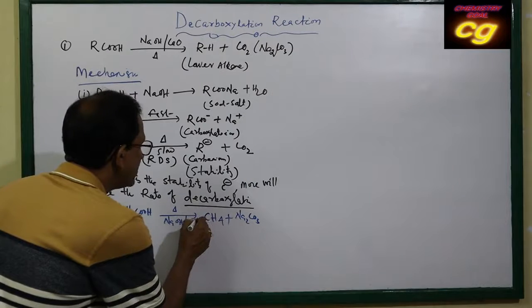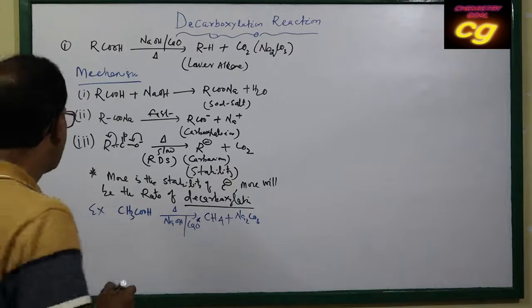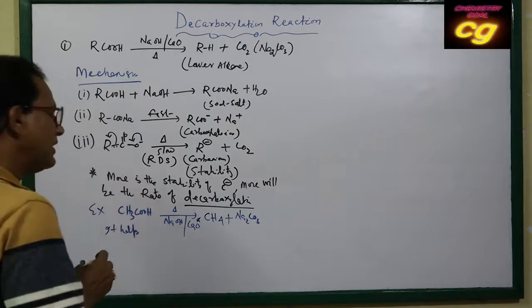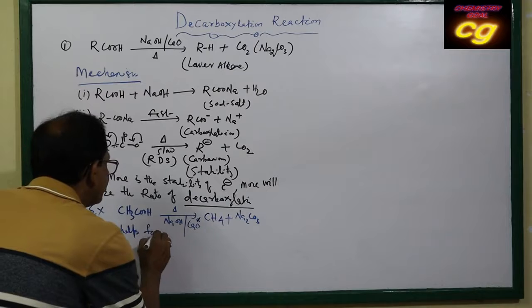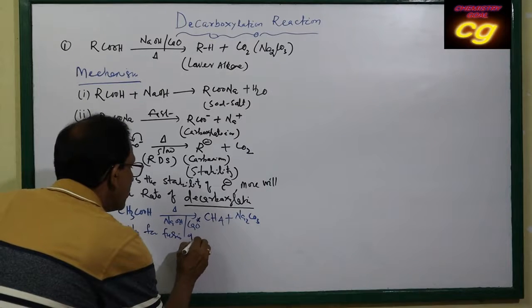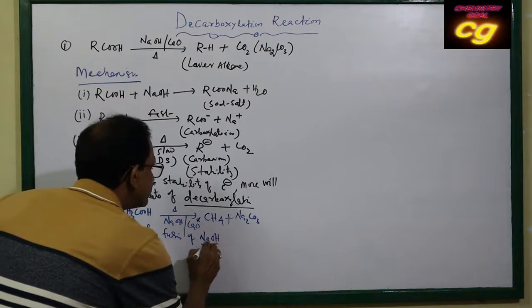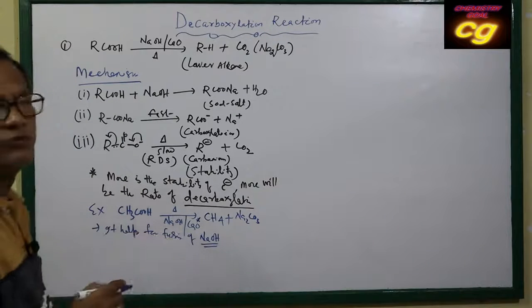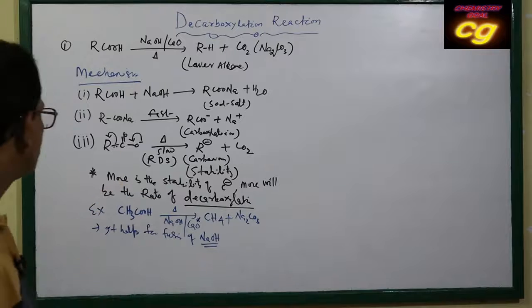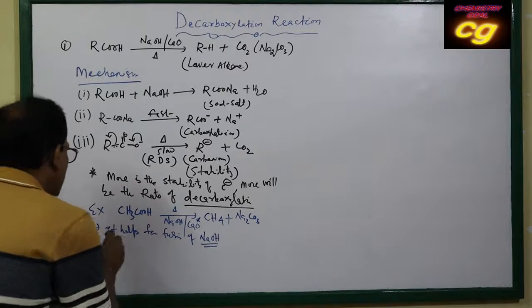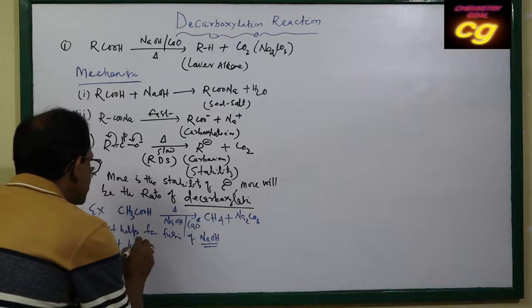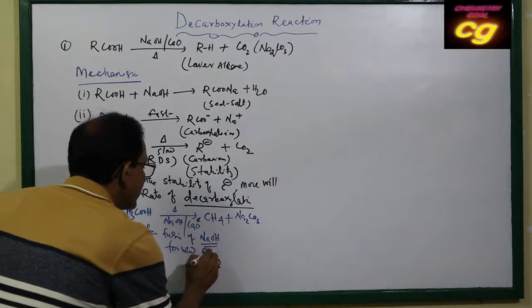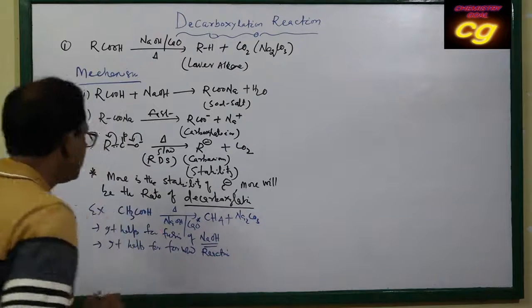Calcium oxide helps mainly for the fusion of NaOH during heating. Second, it helps the forward reaction.